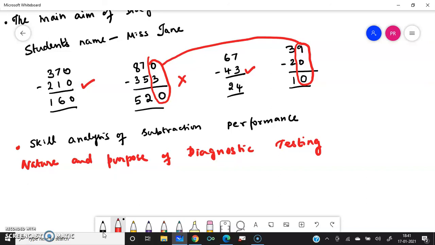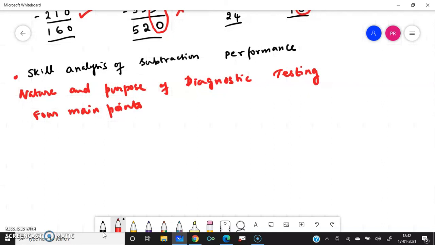So by tests you can distinguish accuracy, speed of writing, methods of work, and extent of arithmetic process mastered. So there are 4 main points. What are the 4 main points?